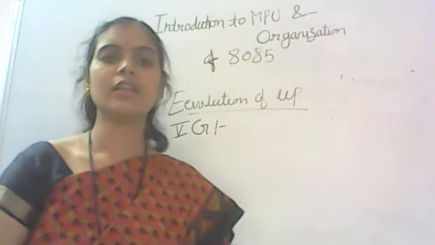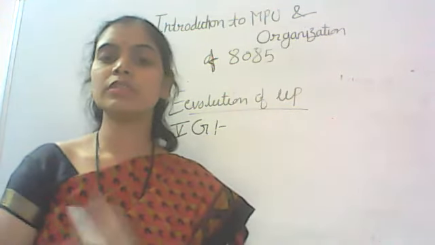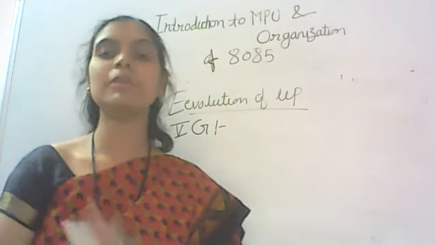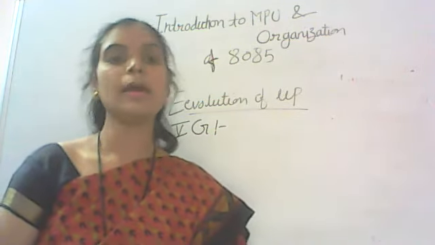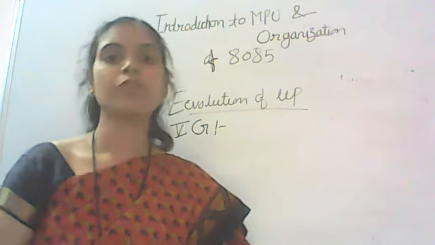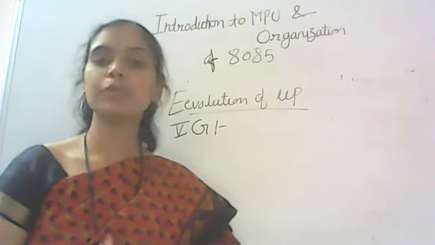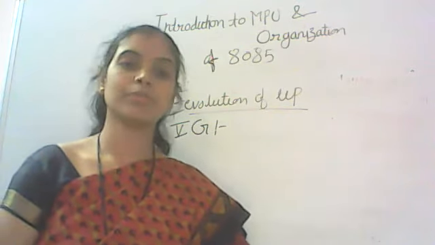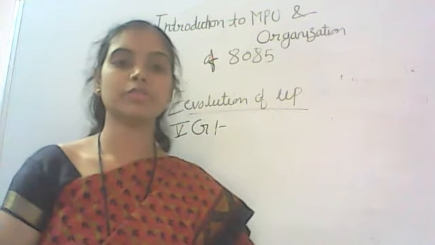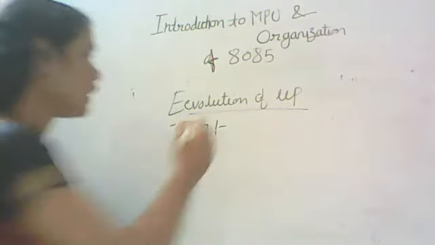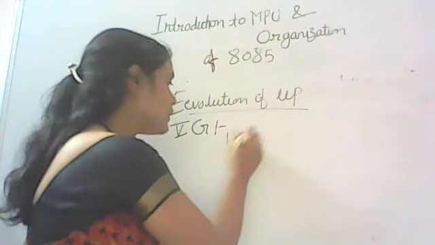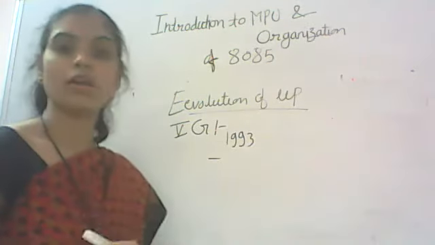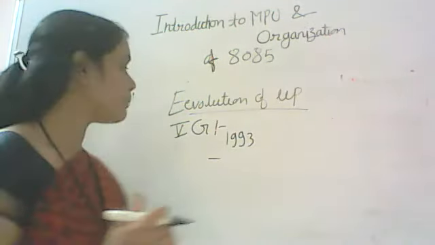Intel came out with a new processor, namely the Pentium processor, followed by the Pentium Pro CPU, which allows multiple CPUs in a single system to achieve multiprocessing.